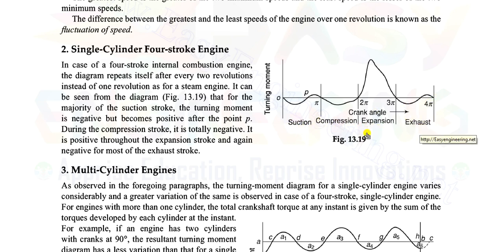Out of these 4, the only stroke which produces power is the expansion stroke. That's why, as you can see, this is our zero line. The negative side means negative torque, which means it is not producing power, it is consuming power. So you can see that power is produced only in the expansion stroke. So it is a 4-stroke engine.